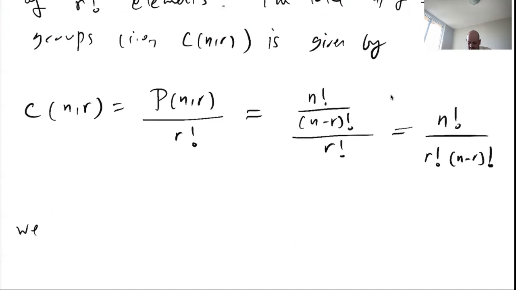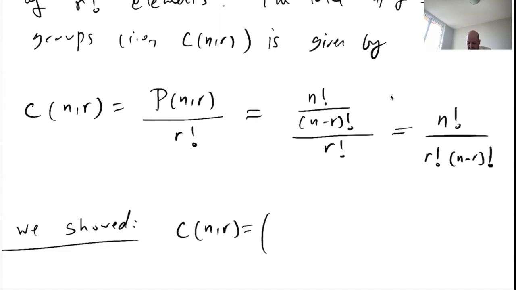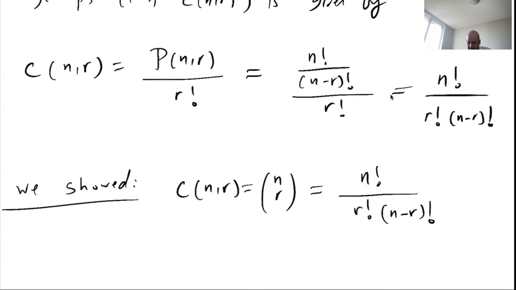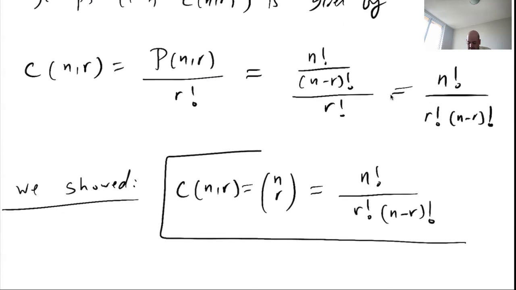So we showed that C(n,r) equals n choose r equals n factorial over r factorial times (n minus r) factorial. Okay, so this is a formula for C(n,r), or the combinations.